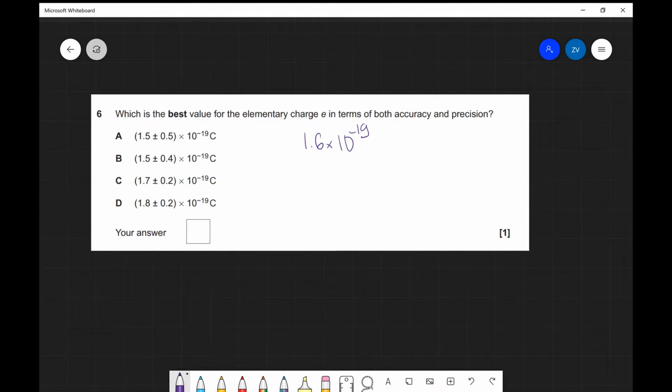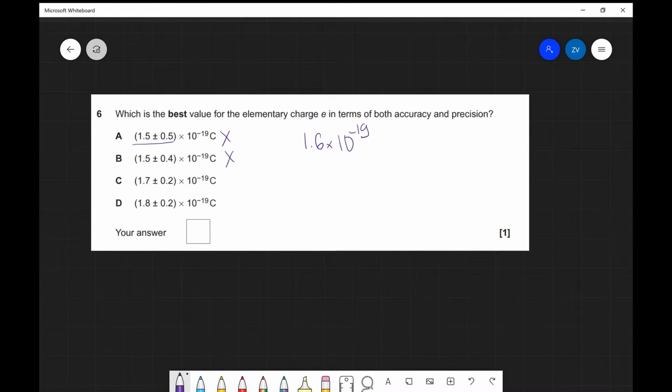So this one over here, 1.5 plus or minus 0.5, actually varies between 1 and 2 times 10 to the power of minus 19. So it's not going to be this one. The one after that, B, varies between 1.9 and 1.1 times 10 to the power of minus 19. So that's quite a high range.